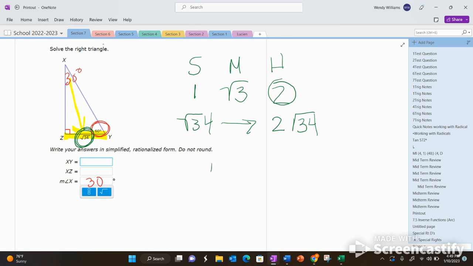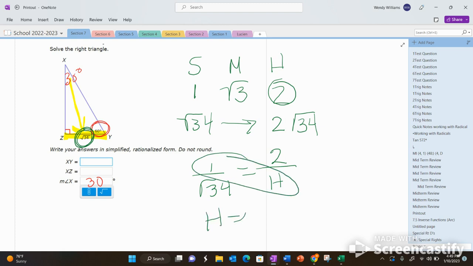We could have also set it up 1 over the square root of 34 is equal to the original over what we're looking for. H times 1 is H, and then simply multiply 2 square roots of 34.